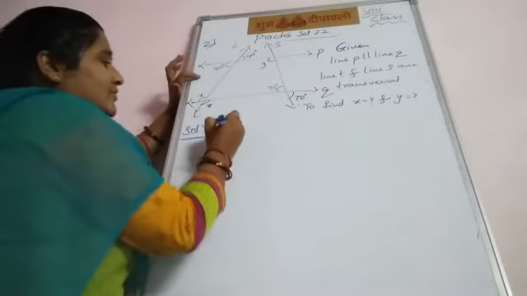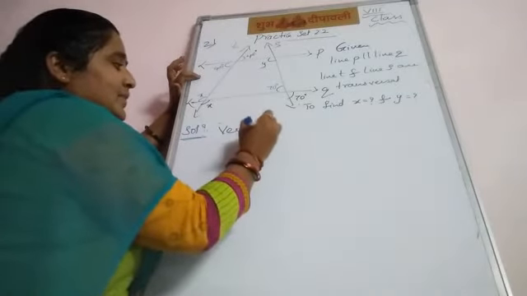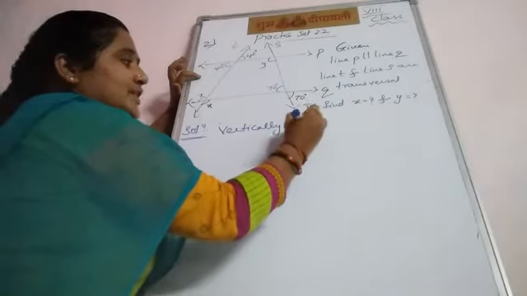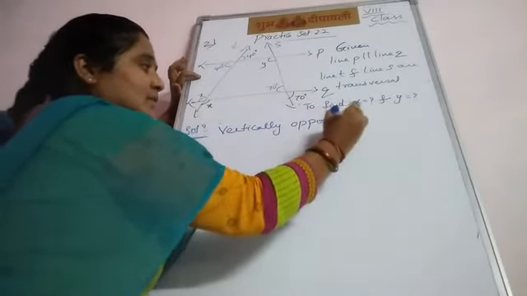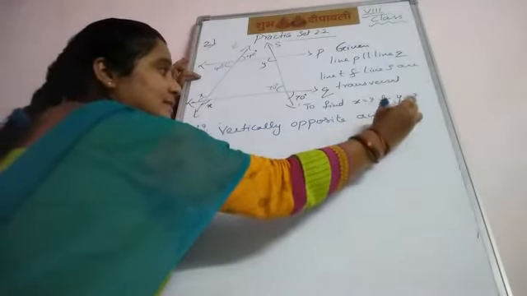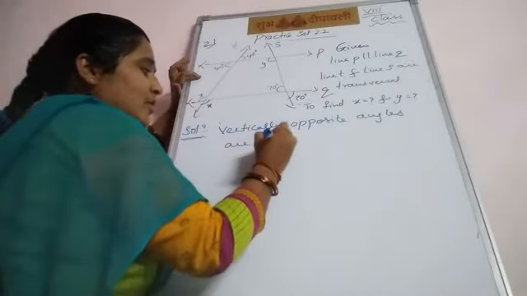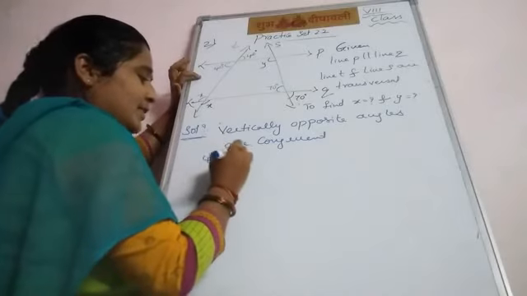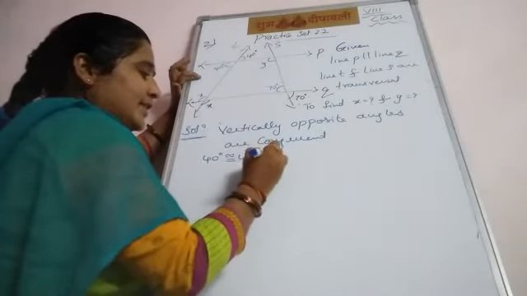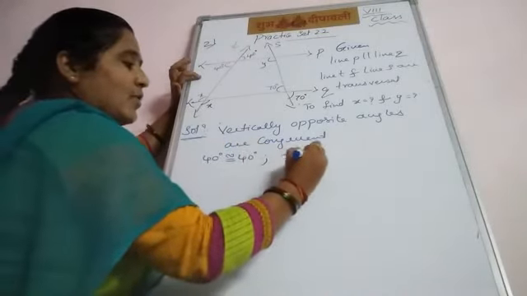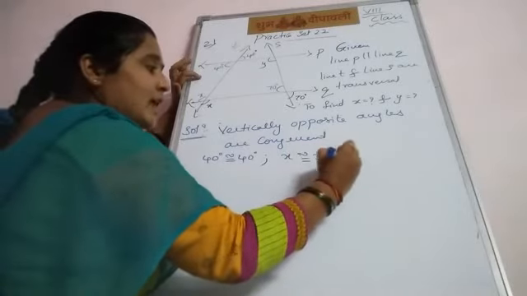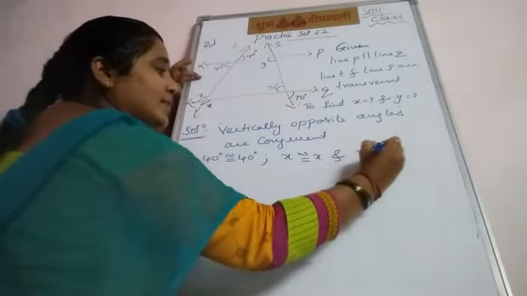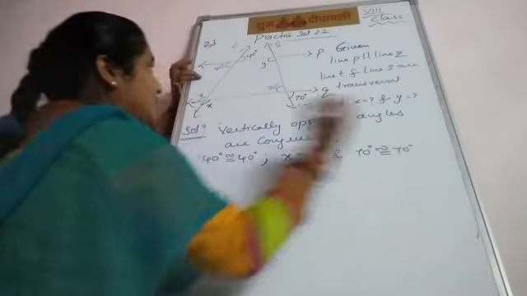Here, vertically opposite angles are congruent: 40 degrees is congruent to 40 degrees, x is congruent to x, and 70 degrees is congruent to 70 degrees.